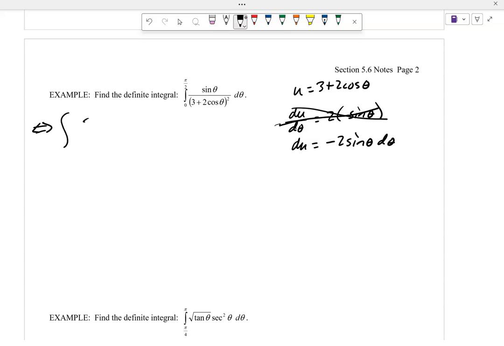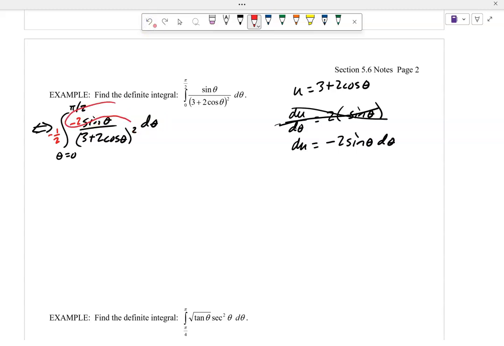Well, we have sine theta on the top. We got 3 plus 2 cosine theta squared d theta on the bottom, from theta being 0 to pi halves. Now we need for du, we need negative 2 sine theta. So I got to give it a negative 2, which means I got to offset it out front. But there's our du right there.